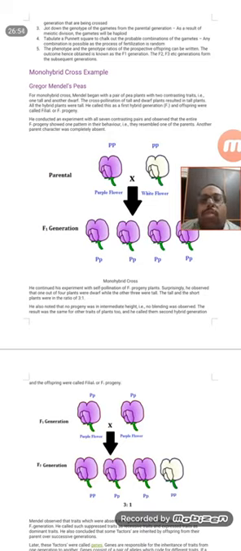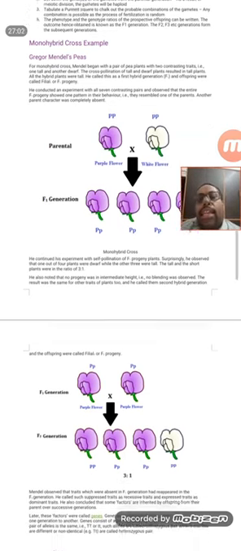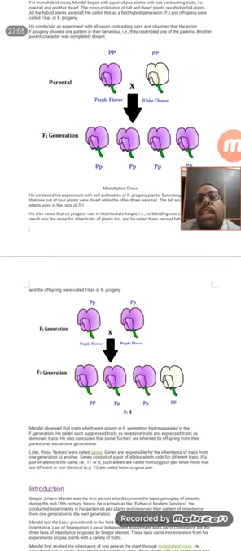But he got the whole first generation, F1, as violet, and then he self-crossed the F1 generation. In the F2 generation, he got a ratio of 3:1. 3 flowers of violet color and 1 flower of white color, or as per the textbook, 3 tall and 1 dwarf. So he was thinking, why like this?